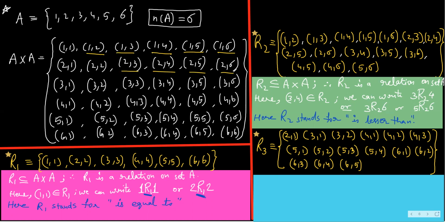You wrote all this because in all, the first component is lesser than the second component. But you did not write any of these, because 5 is not lesser than 3, so it is not there. I hope you followed it.